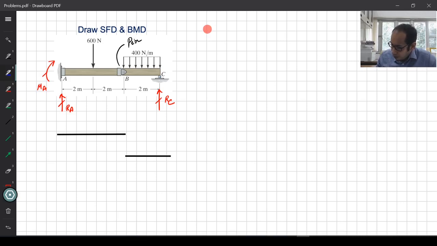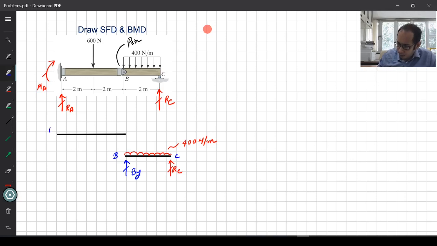In this portion I have RC, and I have the uniformly distributed load of 400 Newton per meter, right? And at this end B, I'm going to simply mark my reaction, say this is my By, right? So this is the part from B to C.